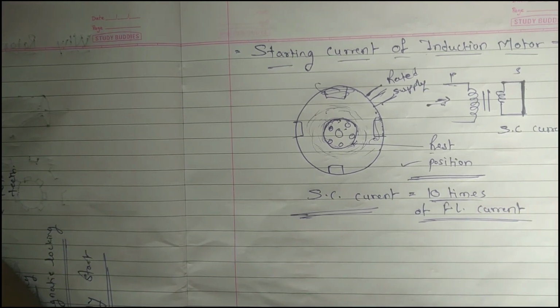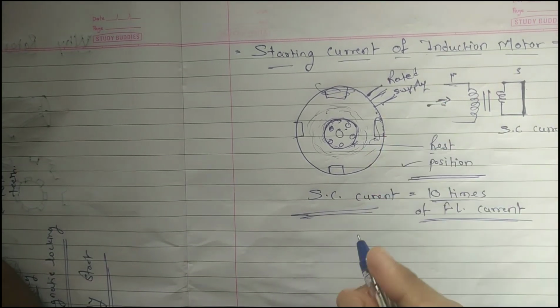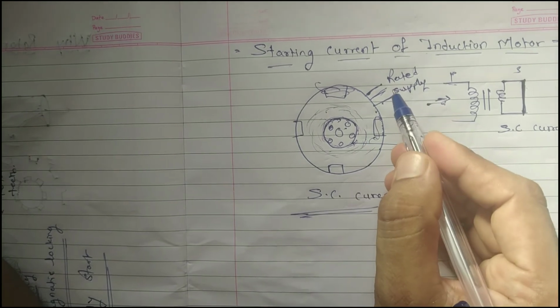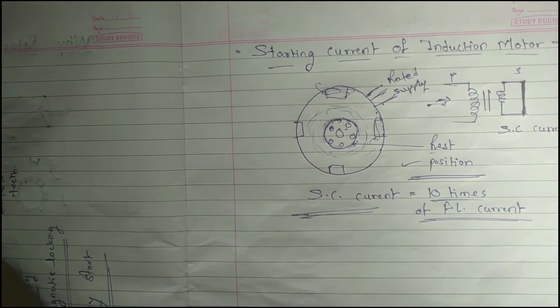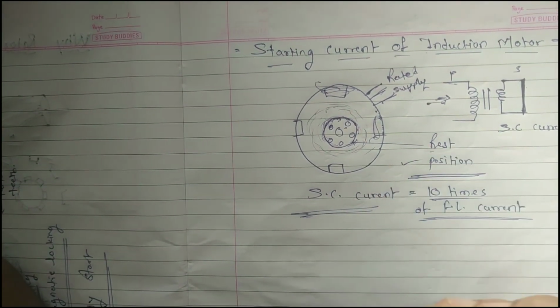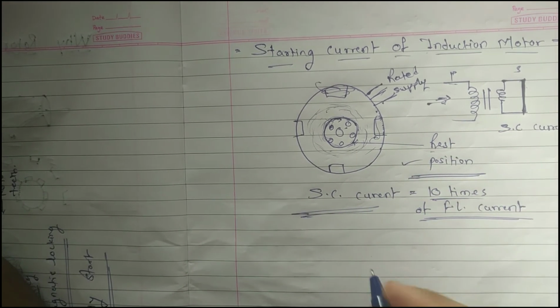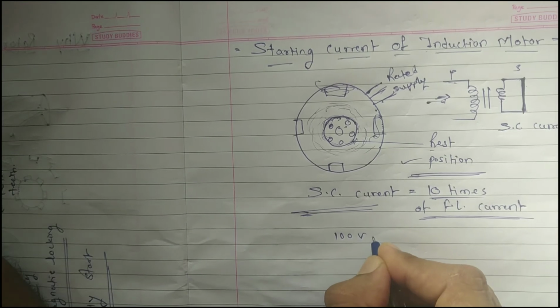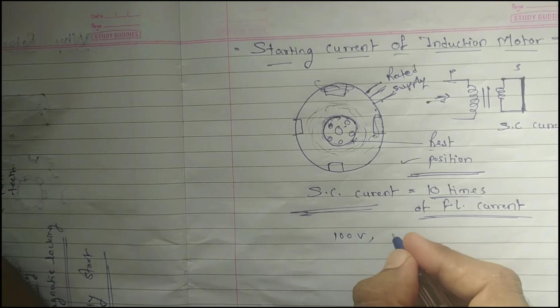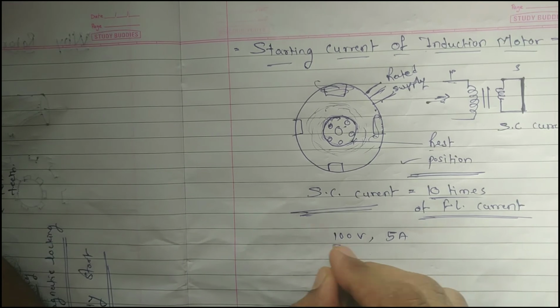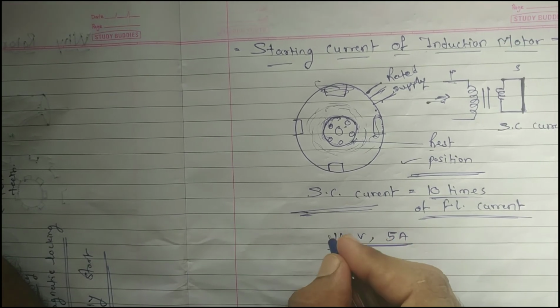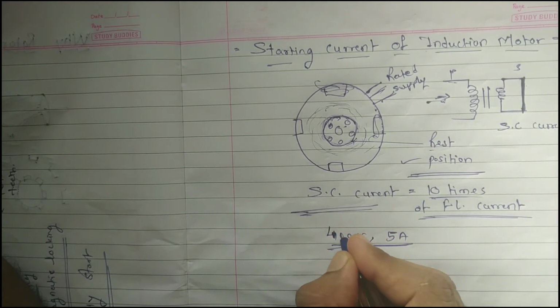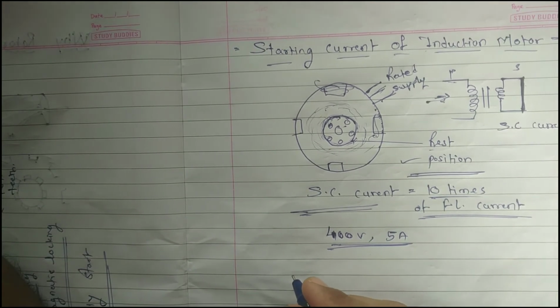Now take an example. Of course this is a three-phase supply, so we will apply 400 to 440 volt, whatever. Suppose this motor is for 400 volt and 5 ampere capacity.